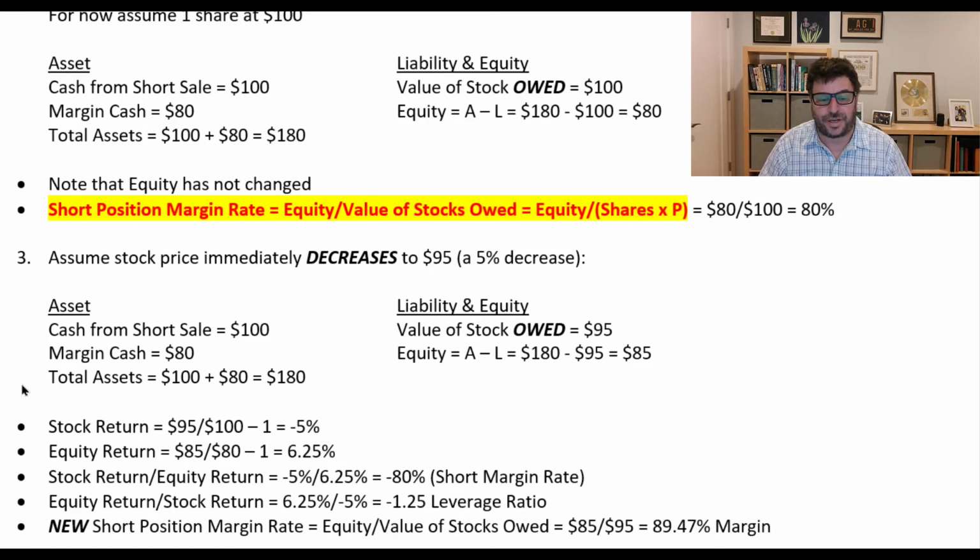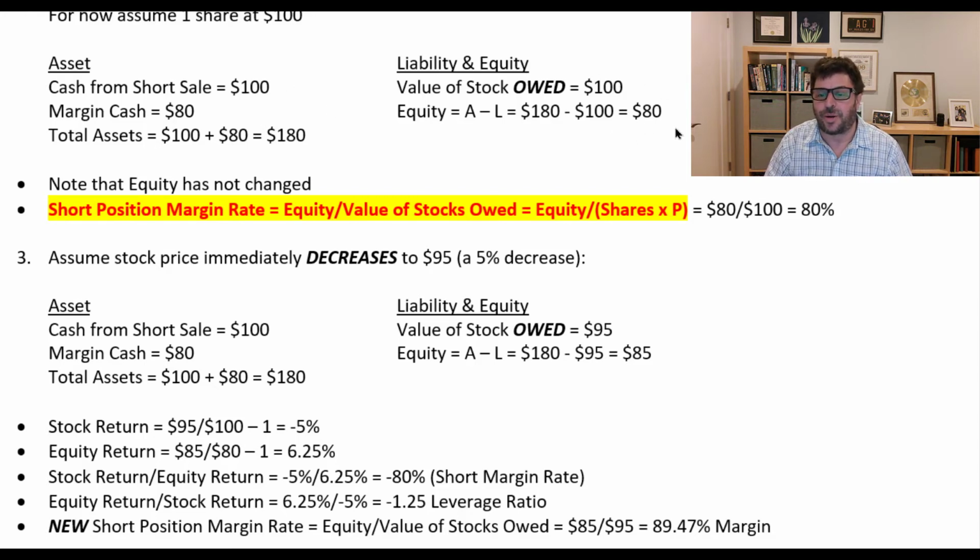One important point is that if I enter into this trade and I look at my brokerage account, I'm not going to see any of this. I'm not going to see the cash from the short sale. Sorry, I apologize. I'm going to see everything else but the cash from the short sale. I'm going to see the margin cash that's in my account, but this does not show up. This cash from the short sale does not show up in my brokerage account list. We will include it so that we can correctly calculate the equity.